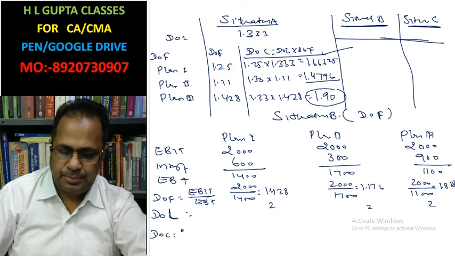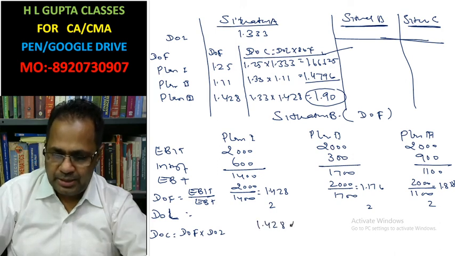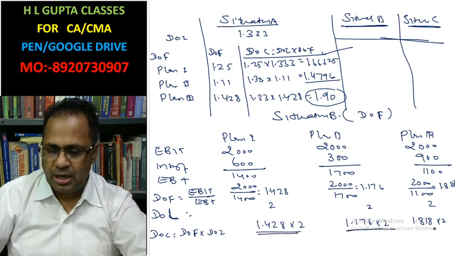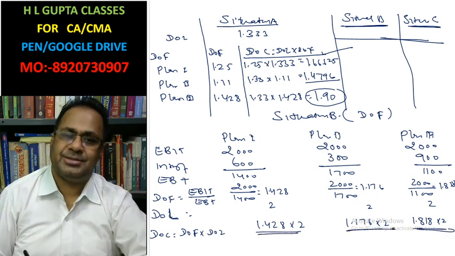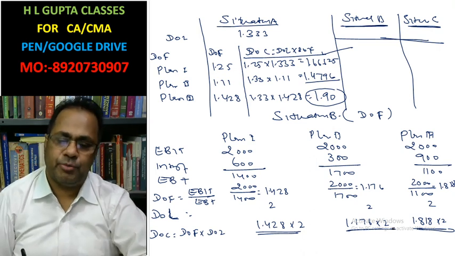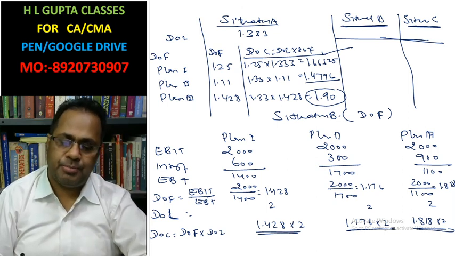Degree of combined leverage is equal to degree of financial leverage into degree of operating leverage: 1.428 into 2, 1.176 into 2, 1.818 into 2. After multiplying, you will get the answer. Exactly the same way you can calculate for situation C. Thank you, class. Please do situation C yourself.